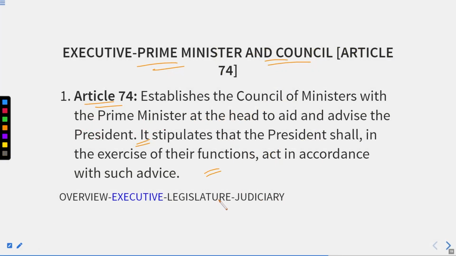So that is the article number 74. Okay, it means while passing the executive orders, the President requires the aid and advice from the Council of Ministers, and it is binding on the President that the President has to act as per the provided advice by the power of article number 74.